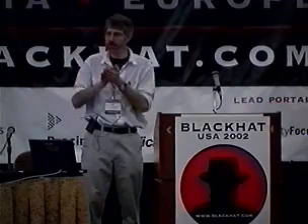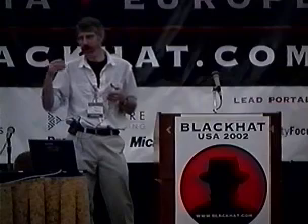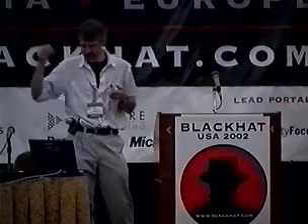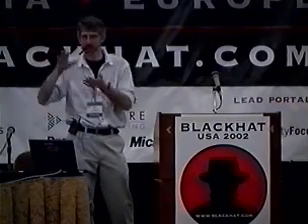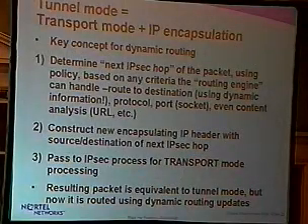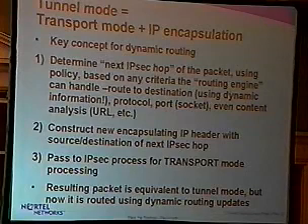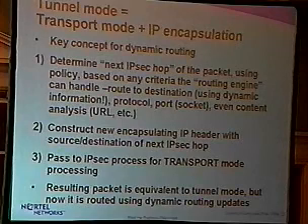Then, once you've determined where you want the packet to go, you construct an encapsulating header with the destination address for that, and then pass it to a transport mode IPsec connection. It's already encapsulated, and then the resulting packet is equivalent to tunnel mode. But at this point, it's going to be handled using the dynamic routing updates that feed into the routing process.